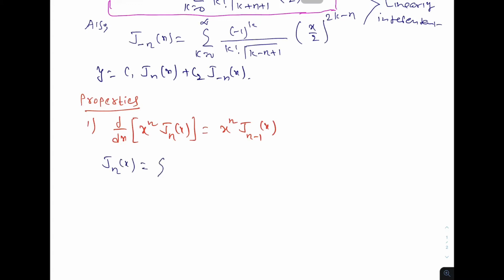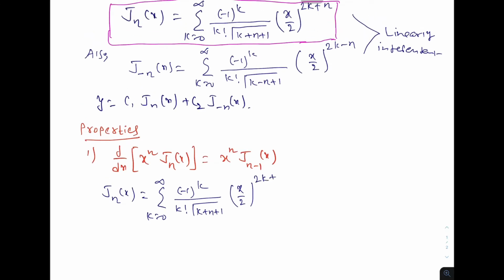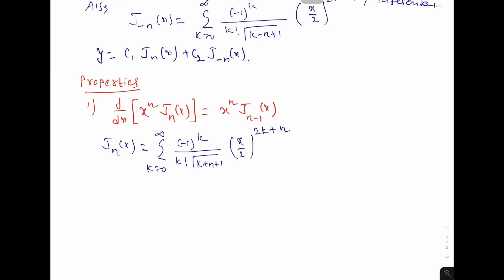So Jn(x) equal to series k equal to 0 to infinity, minus 1 power k over k factorial gamma k plus n plus 1, x by 2 power 2k plus n. Now we want the derivative of x power n Jn(x). So this is Jn(x), so let us multiply with x power n.